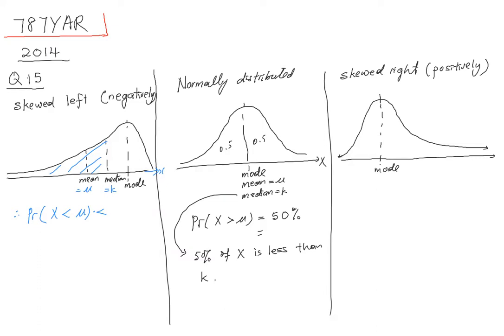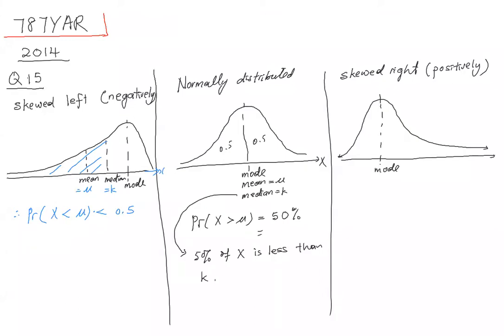Yeah, thank you. Less than 0.5. So that is the meaning of skewed left. The median is bigger than the mean, so the probability of X less than the mean will be less than 0.5, because 50% of the values will be less than K.